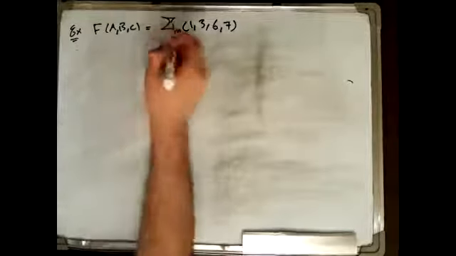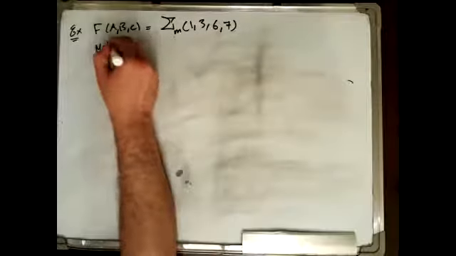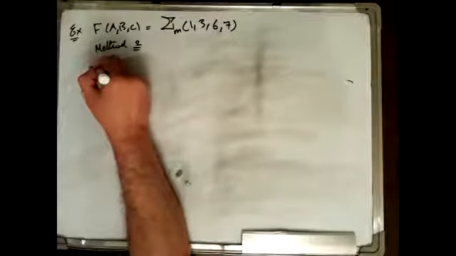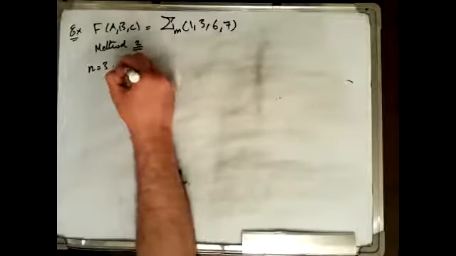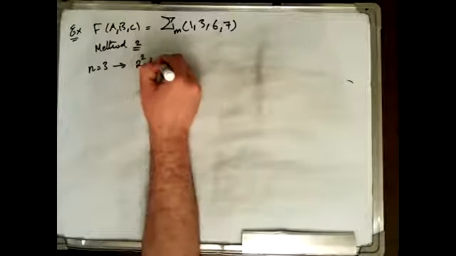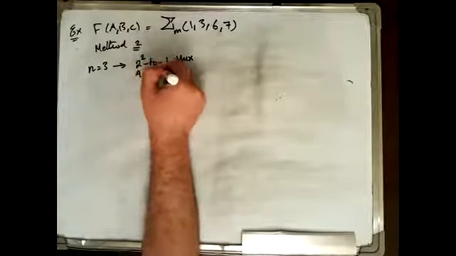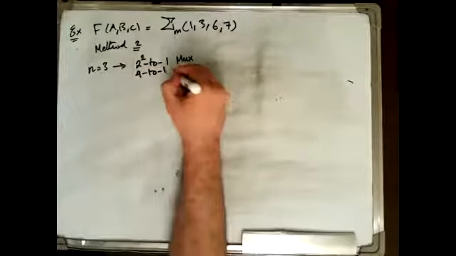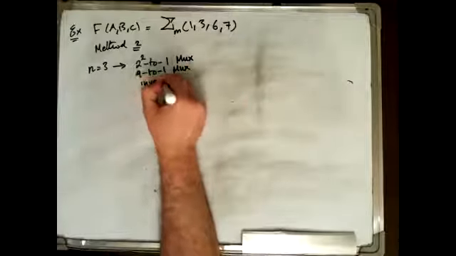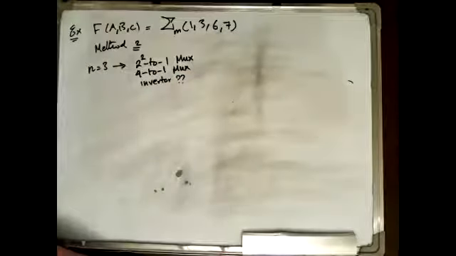So let's assume we want to implement it using method 2. Method 2 implies that n here is 3. The number of input variables is 3. So we will need a 2 to the power 2 to 1 mux, which is basically a 4 to 1 mux. And possibly we might need an inverter or a NOT gate, depending on the function.